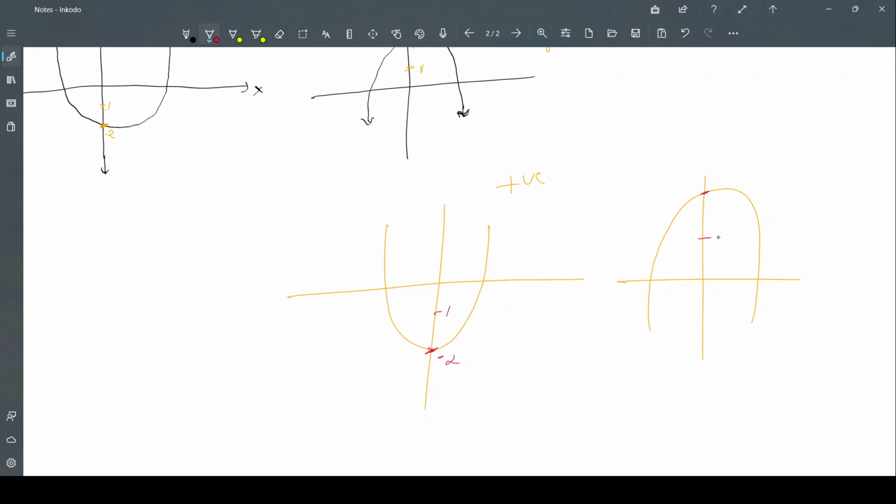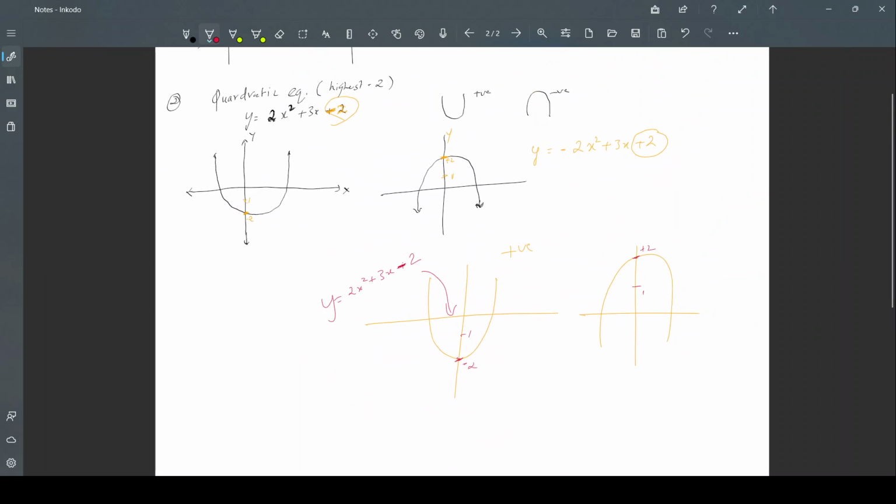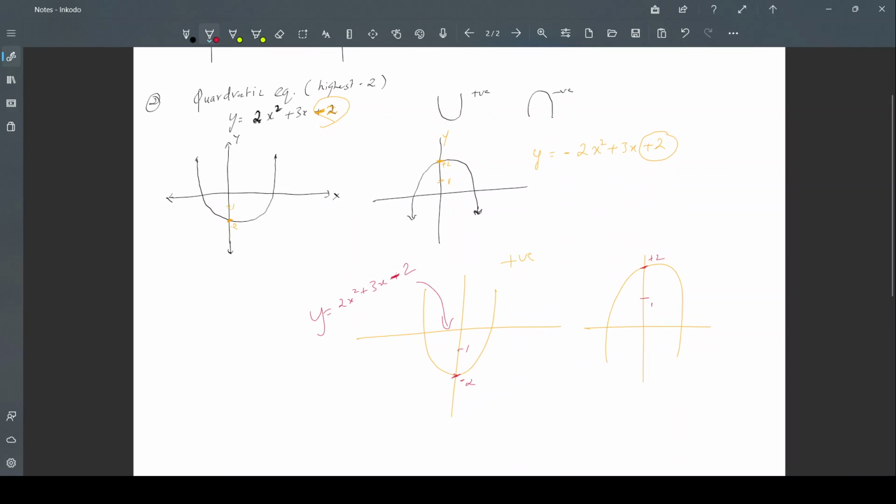Here the graph touches at positive 1, positive 2, and that will affect the equation, right? For y equals 2x square plus 3x, for this one it will be minus 2, and for this one it will be plus 2, right? So it will change according to the graph formation. So the basics is this for the quadratic graph.